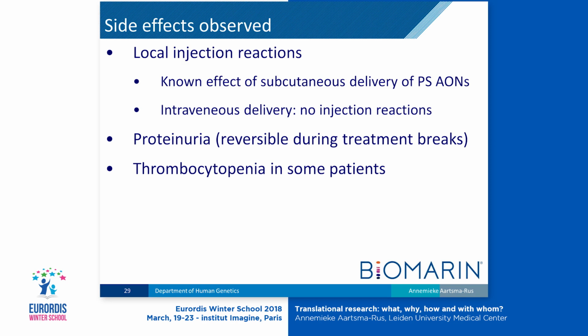When we made this decision, because this is more patient-friendly, we did not know this. In mice, we never saw any injection site reactions. We know now with intravenous delivery, there are no injection site reactions. So in retrospect, it was not a good decision. But of course, back then, with the information we had, we made an informed decision. In retrospect, intravenous delivery would have been better.